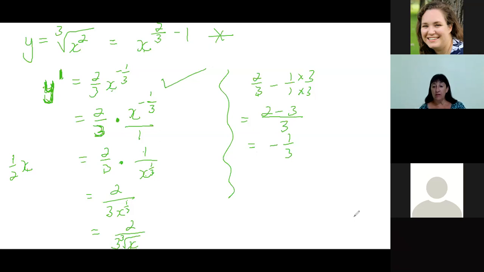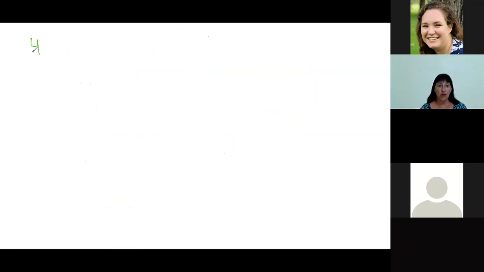Okay, we're going to do another example of that because I know it's a bit confusing, but it's very important that you know how to do it. Okay, 3/4 root x. Yes, let's do that one. 3/4 root x. I want to find the derivative, so y prime.